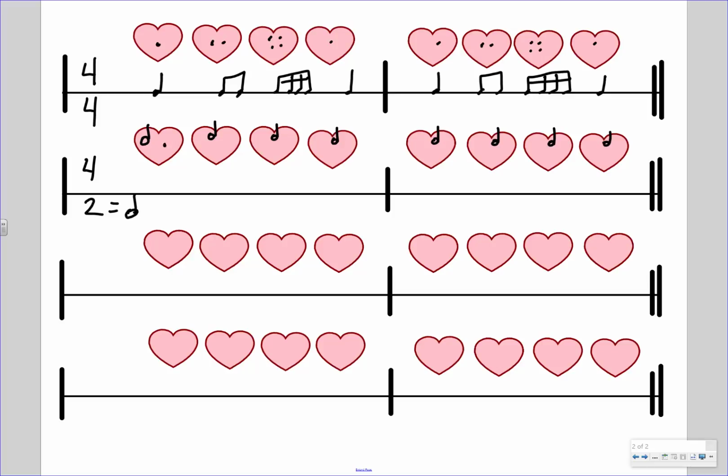That would be dot, then dot dot, 4 dots, and 1 dot. And if I'm in 4/2, the half note gets the beat like that. Quarter note becomes a division, and eighth notes become the subdivision. So it would be like so. Now I can connect these 4 eighth notes together because they occur on the same beat. Recall that from the beginning of the year.